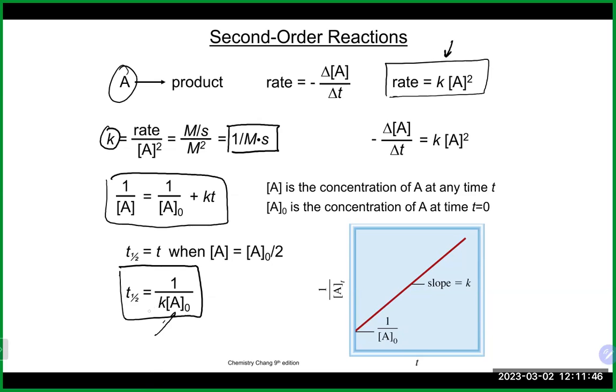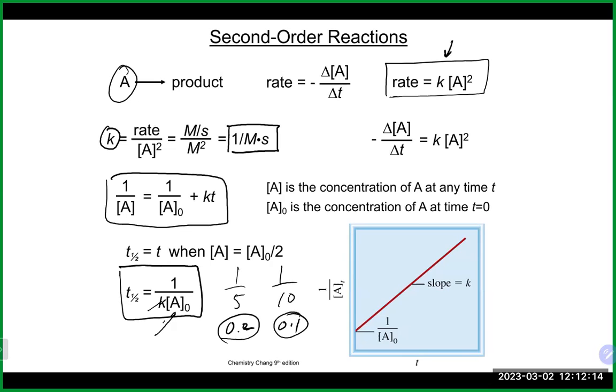We could do it by just ignoring part of it. Let's say we take 1 over 5 versus 1 over 10. 1 over 5 is 0.2, and 1 over 10 is 0.1. The faster half-life is the one with the smaller concentration. I said that backwards there.